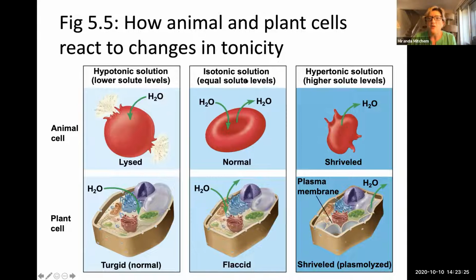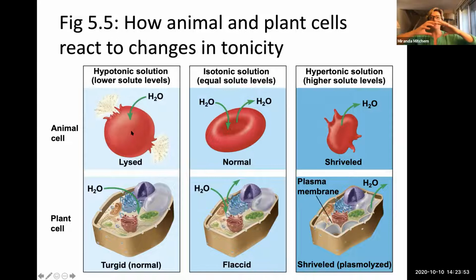In the isotonic solution, the amount of water going across the membrane into the cell is equal to what is out. So there is a dynamic equilibrium. Whereas in the hypotonic solution, now the solution is a weaker concentration than inside the cell. So the water is going to move from the environment to the cell.